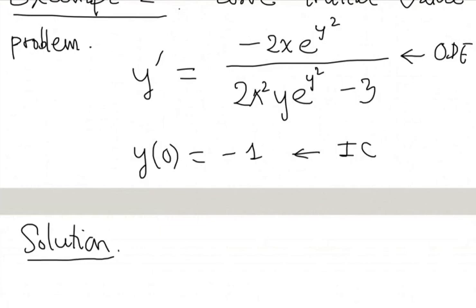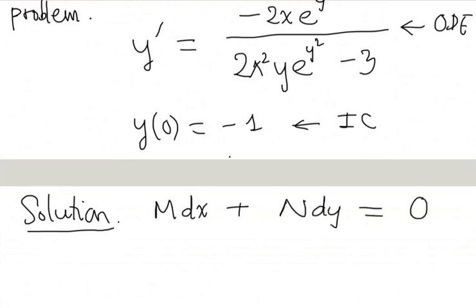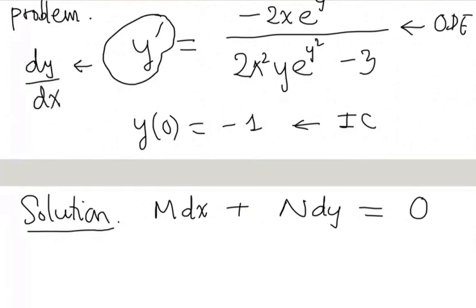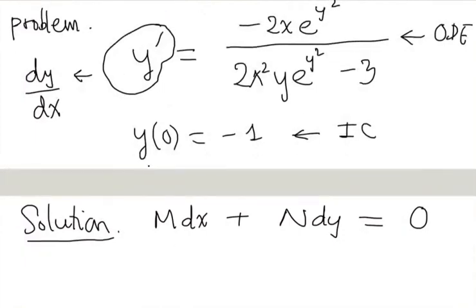So to solve this equation, we need to rewrite it in the differential form M dx plus N dy equals 0. To do so, we think of y prime as the ratio dy dx. And we cross multiply.